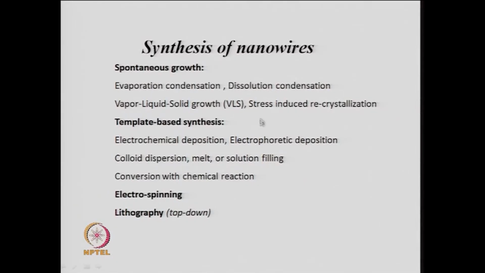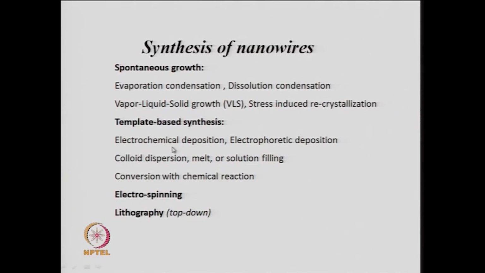Of course, there are other aspects like stress induced recrystallization, which we are not going to discuss in this course. Then we will discuss how to make nanowires using templates, and there are different types of template based synthesis.